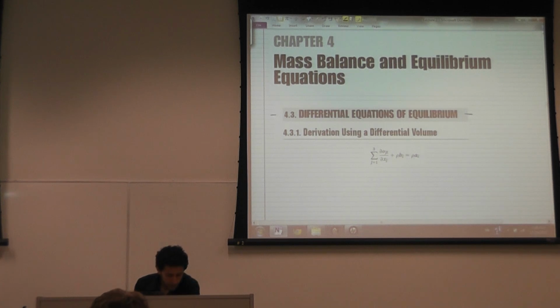If I have an object before deformation, and after deformation this is where the object is, I'm looking for this function that takes this object and gives me this new object.